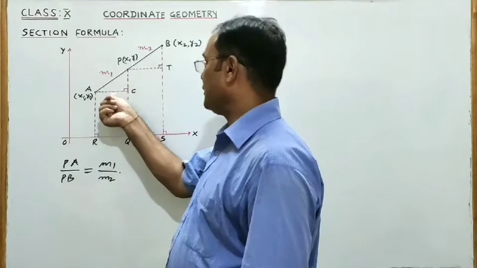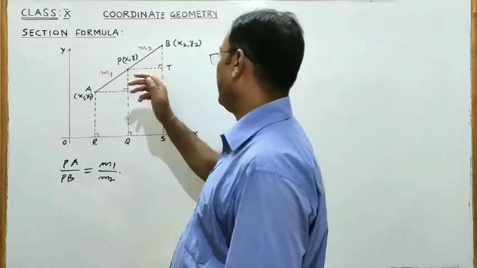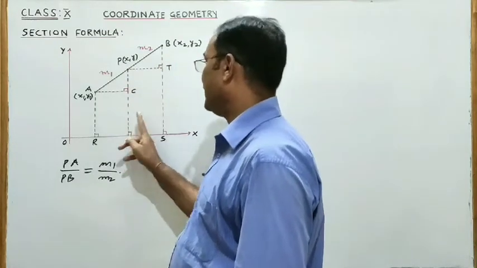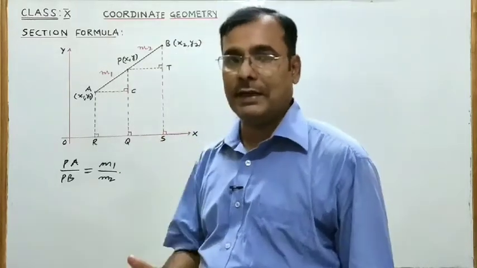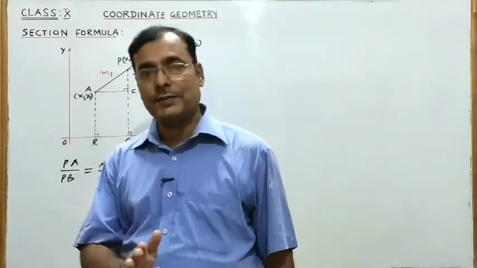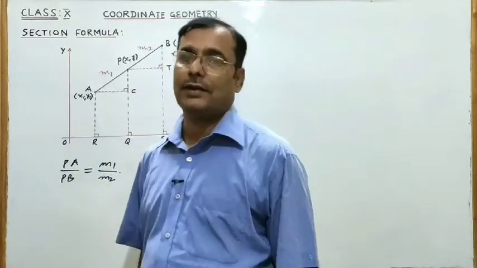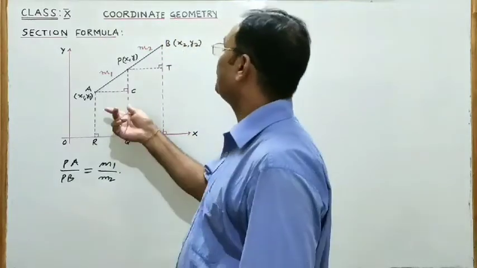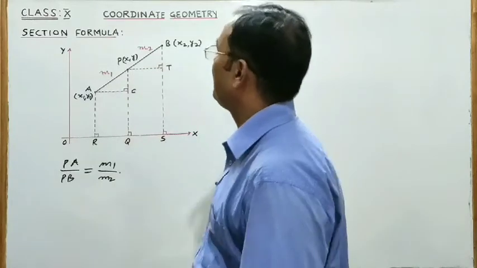AC is perpendicular on PQ and PT is perpendicular on BS, but PQ and BS are parallel. Lines perpendicular to parallel lines are always parallel to one another. So this way AC and PT will be parallel.